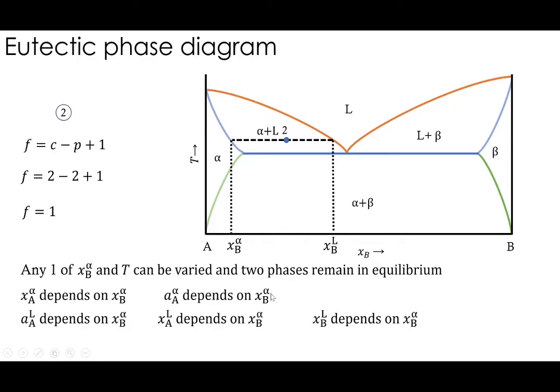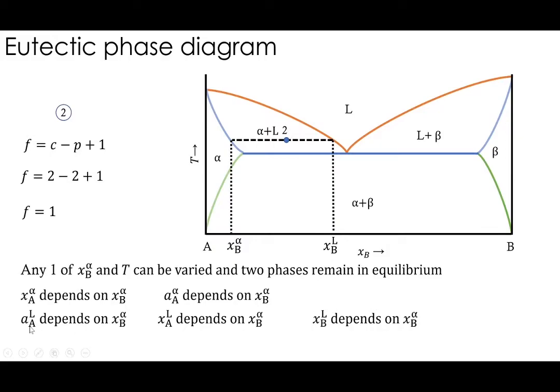Fine. So if activity of one element in a phase has this value, and if this phase is in equilibrium with another phase liquid, then the activity of A in that phase also should be equal, isn't it? So A of alpha is equal to A of liquid. So if this depends on XB alpha, then A liquid also depends on XB alpha, isn't it?